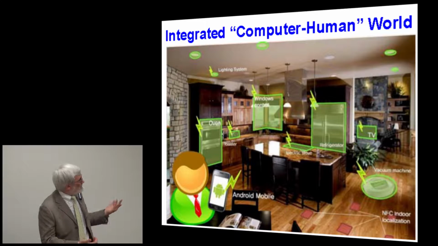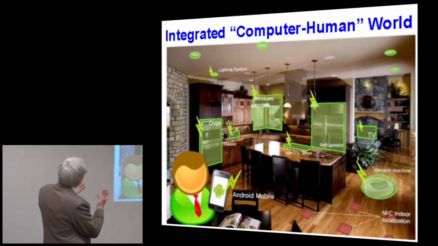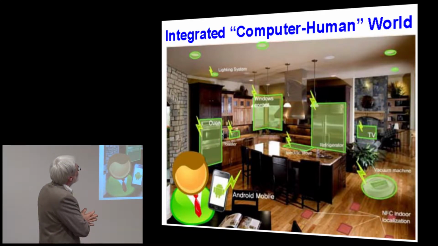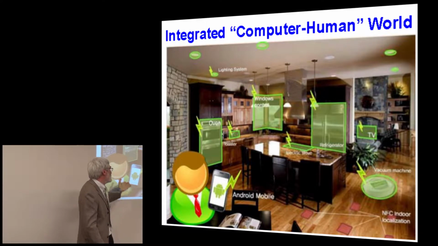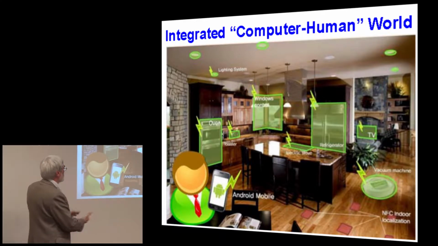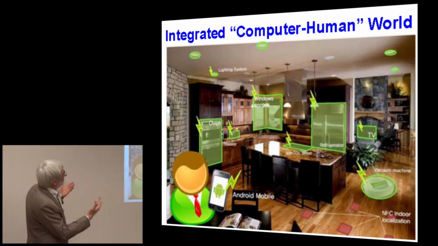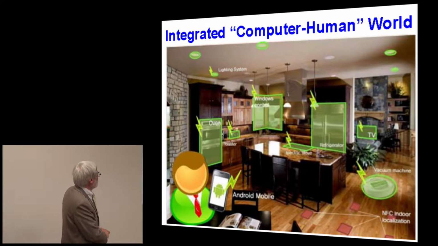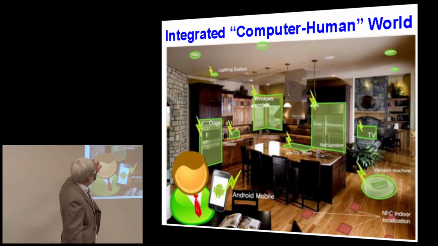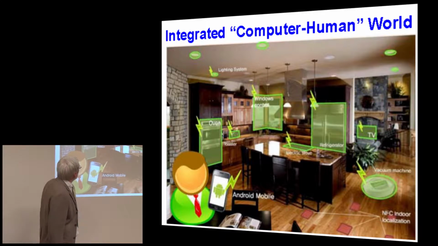Here is an example of this integrated computer-human world. You see, you just can use one simple device, or how simple I don't know, but just an Android-based mobile phone to control everything. So you have all this electric equipment. It's basically online.